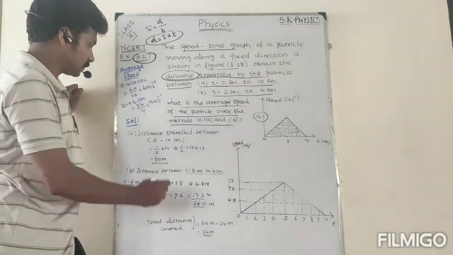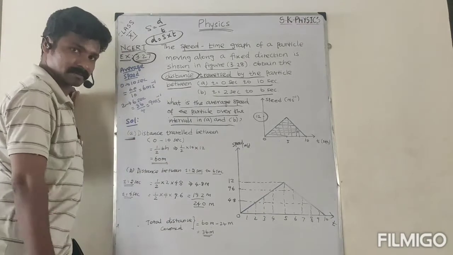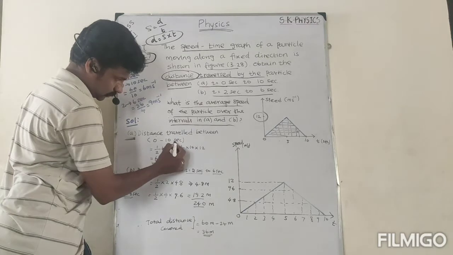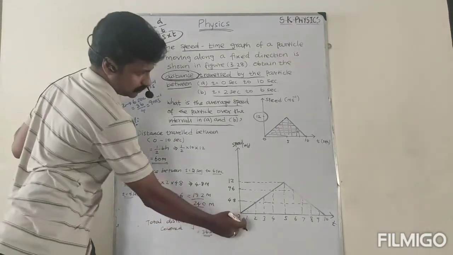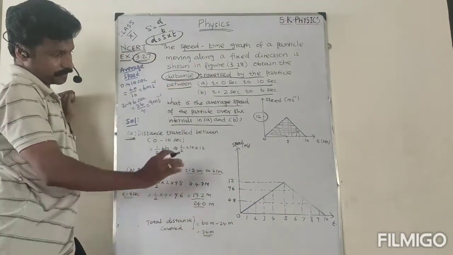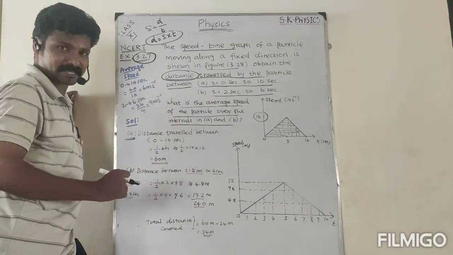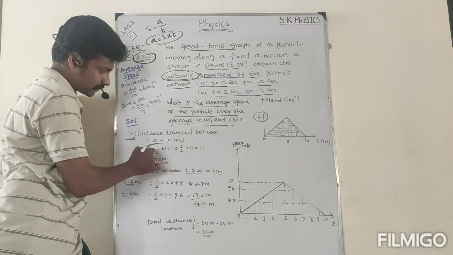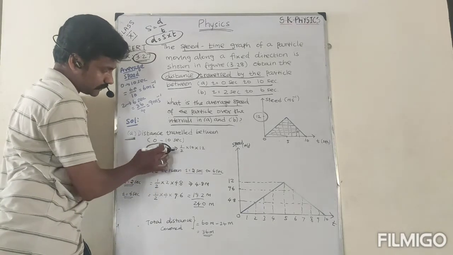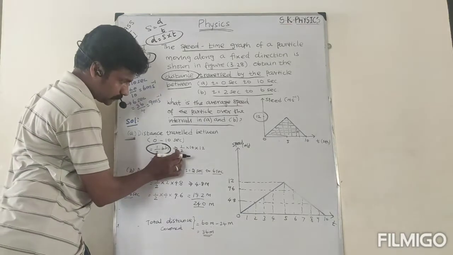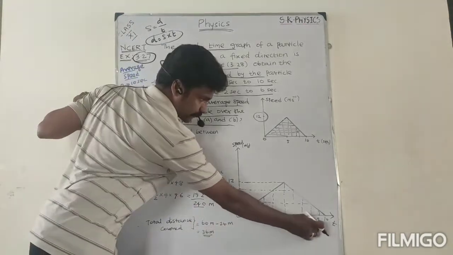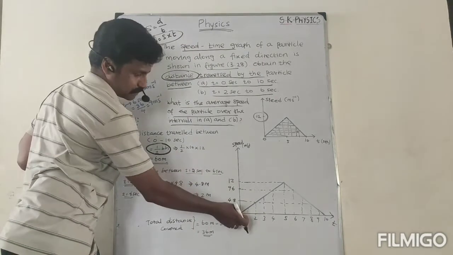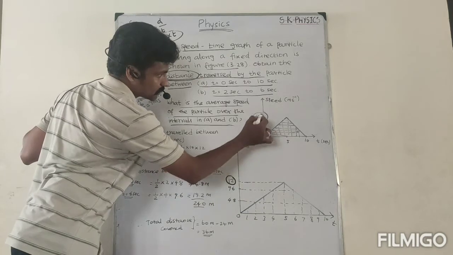So how to find it? The A question is the distance traveled between 0 to 10 seconds. You know the area of a triangle. What is the formula? Yes, half BH, that is 1 by 2 into base into height. The base value is 10 seconds, and the height value is 12, which is given in the question.